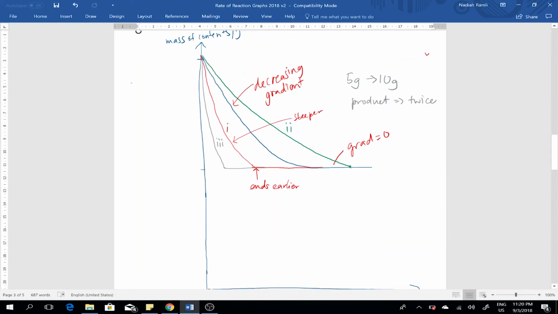Twice, right? So it should be approximately twice, somewhere here. And maybe end somewhere here, and then just connect the two. Okay, something like that.